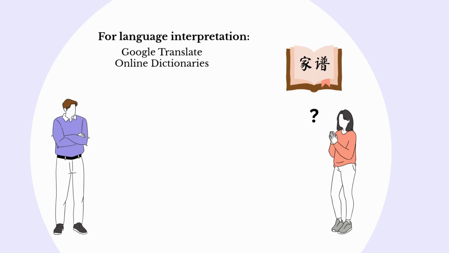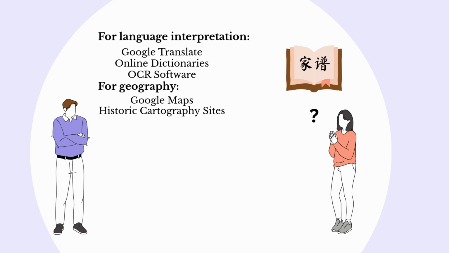Google Translate, online dictionaries, and other resources are great tools for language interpretation, and some OCR software can help with interpretation of languages in lettering you don't understand. For help understanding the geography outlined in the book, Google Maps and other online cartography sites would be of great use. To learn about history, Wikipedia is a free resource that will give a basic understanding of most historical events that will help you in your research.